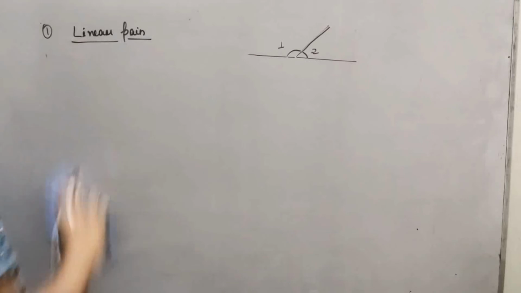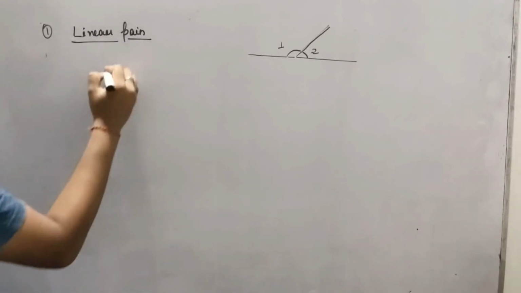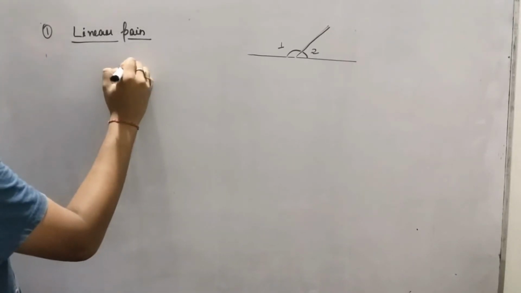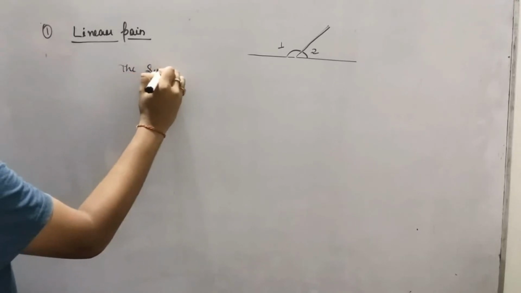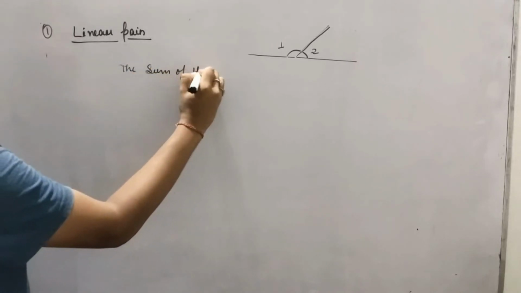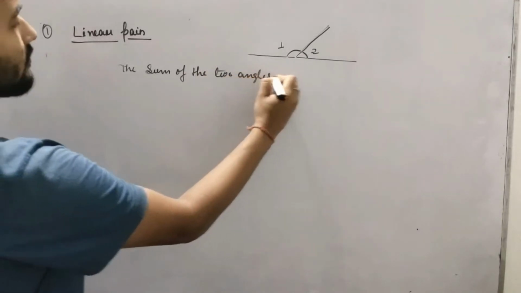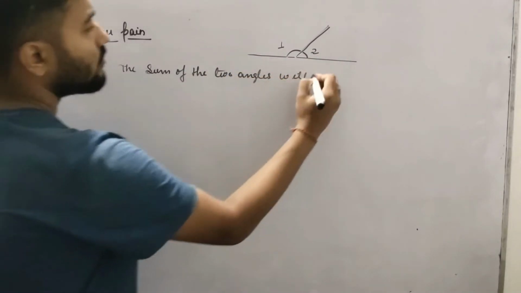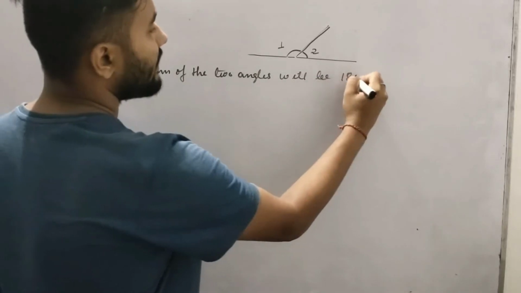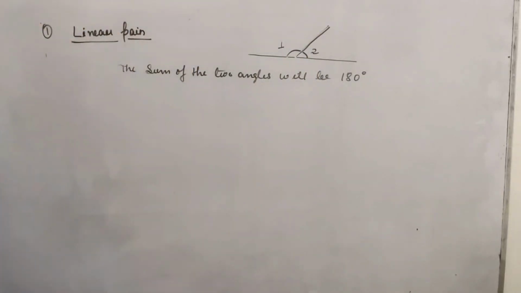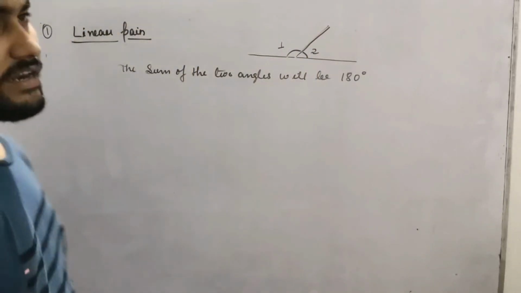Which means we will say that the sum of the two angles will be 180 degrees.